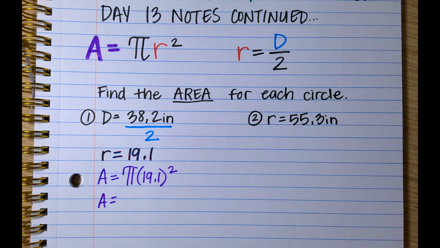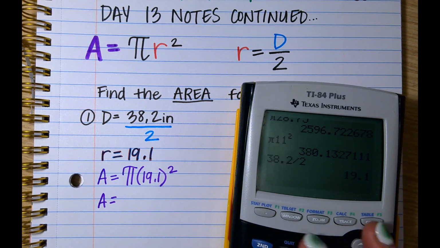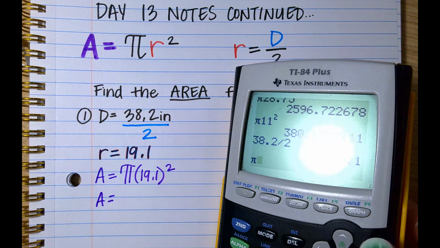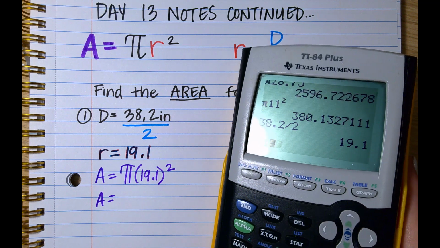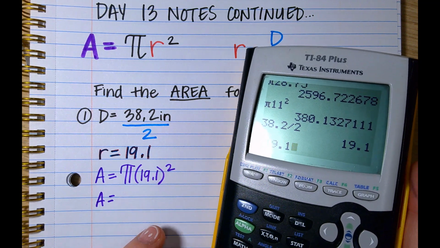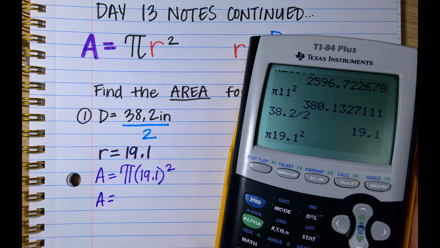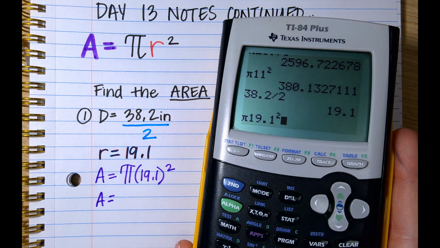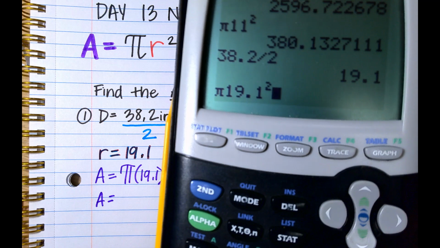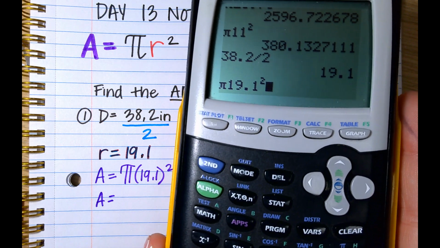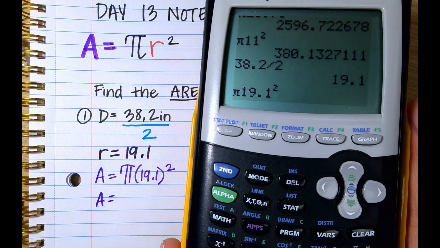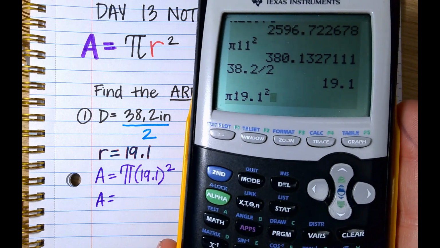And we just type it all in. Pi 19.1 squared. So that's what it looks like as I'm typing it in. I didn't type any multiplication symbols. You can, but it's just extra buttons that you don't have to push.